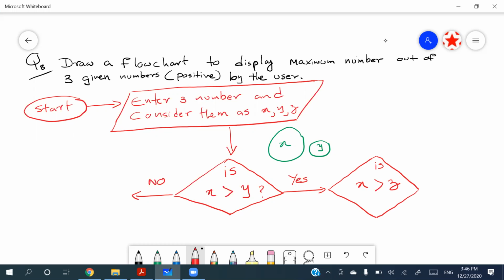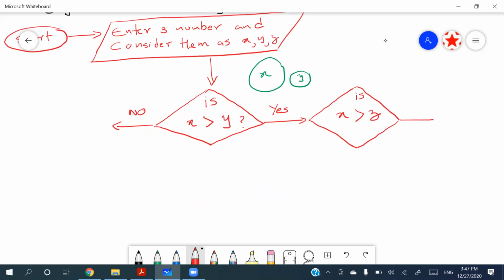Right? And if it is yes, that means X is larger than Z as well. So because of that, we can say display X as maximum value, right?